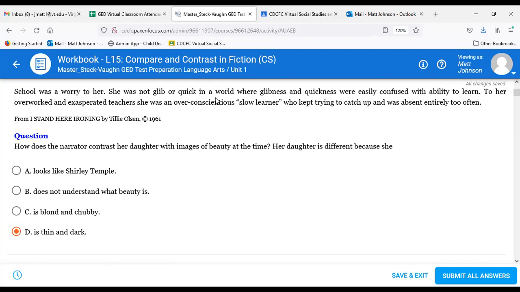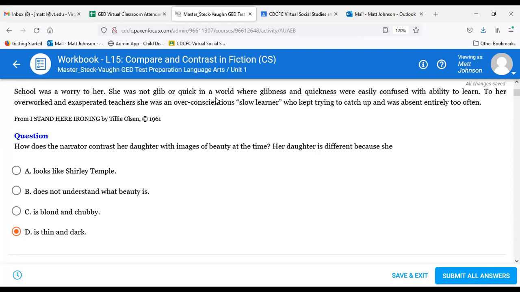Thin and dark today probably wouldn't be considered an attractive attribute. Body image stuff was always going on in decades past. I think we've come over that a little bit, but in '61, it was the opposite. Like she said, blonde and chubby was actually preferable to thin and dark.